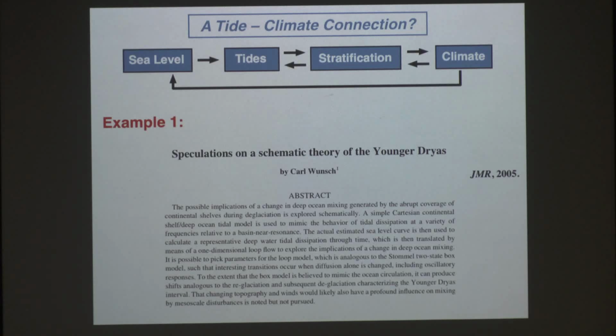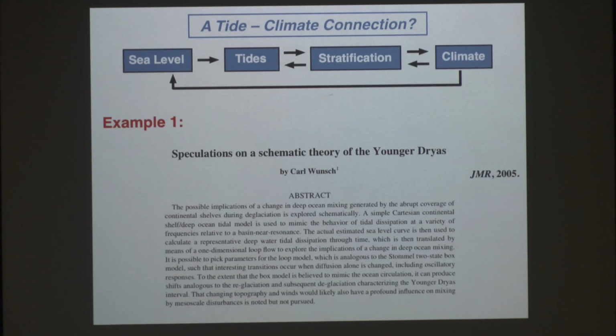which are hypothetical. But I'll give you two examples of people thinking about this and working out some scenarios. One is this paper by Carl Wunsch, in which he had speculations on a schematic theory of the Younger Dryas. Now, the Younger Dryas, of course, was that period 12,000 years ago or so, in which you had a gradually warming Earth as you're coming out of the ice ages.